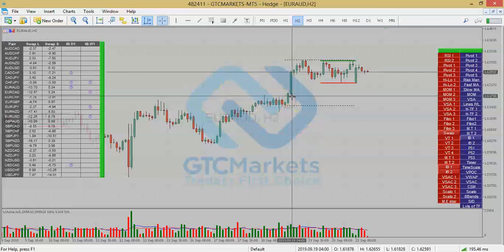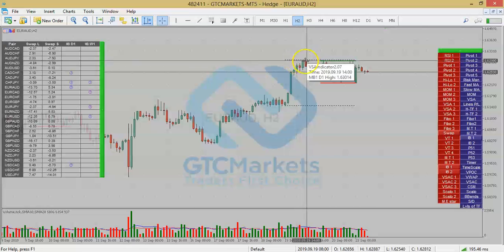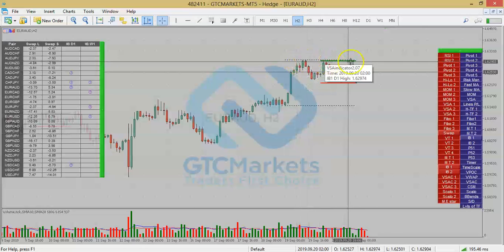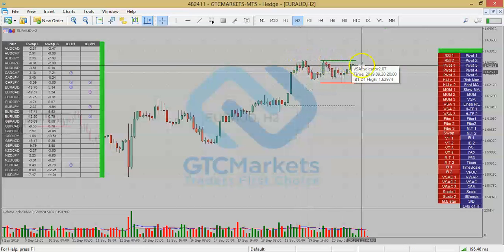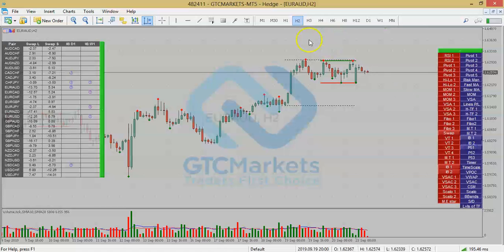A good impulsive move towards the upside, and then we have triple tops, 1, 2 and 3 triple tops over here. If I go to my pivot candles, see 1, 2, 3, and these are demand zones formed over here.